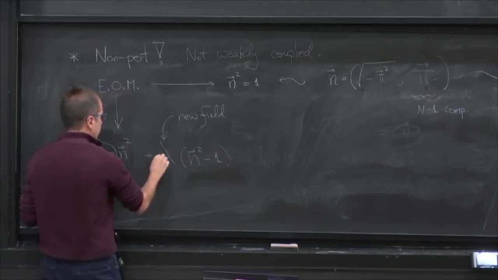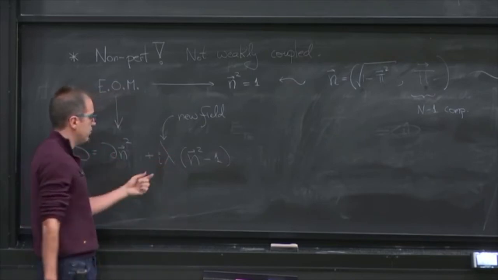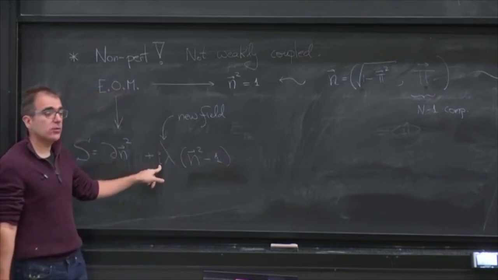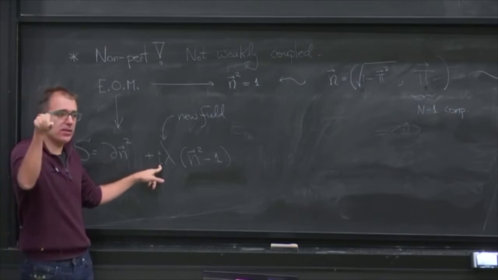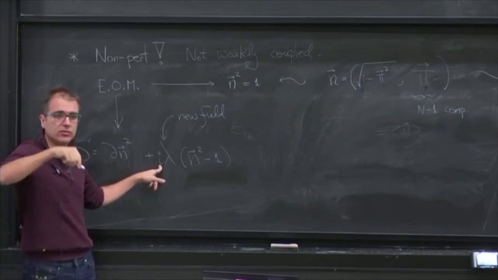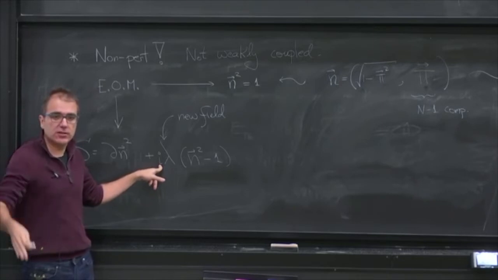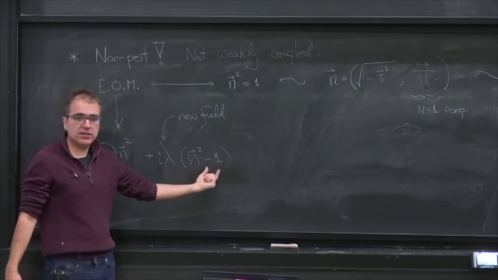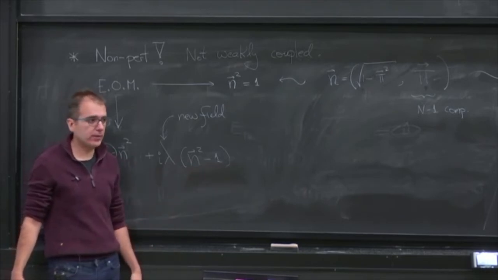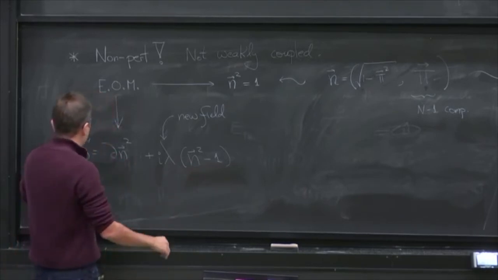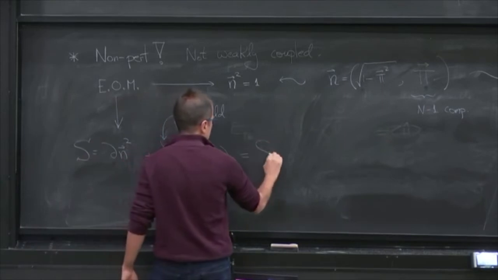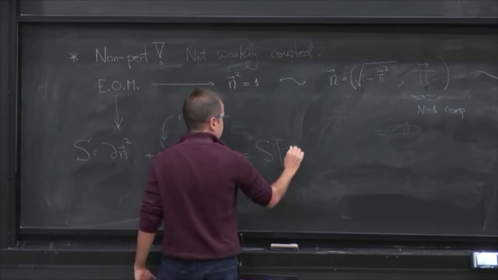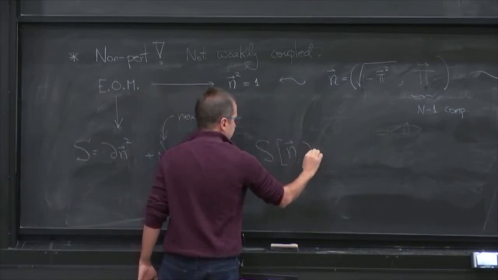If you want, you can put an i here. It's just that with an i, it reminds you that if you integrate e to the i lambda x over lambda, it gives a delta function, right? And so this looks like a functional delta function that sets n squared equal to 1.